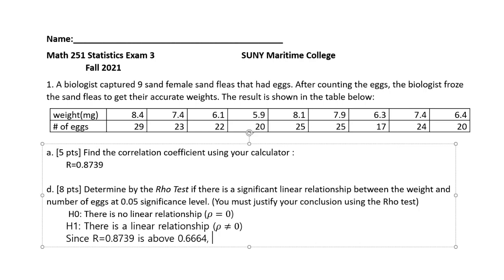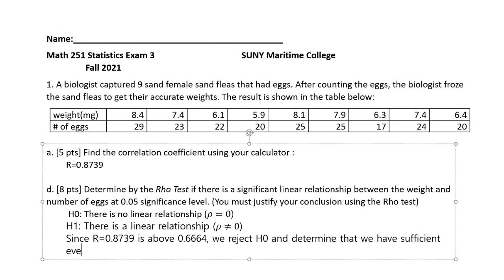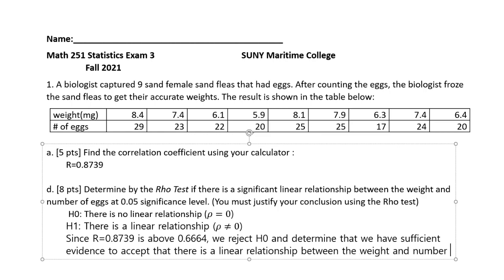So we can say that since R equal to 0.8739 is above 0.6664, we reject the null hypothesis and determine that we have sufficient evidence to accept that there is a linear relationship between the weight and number of eggs.